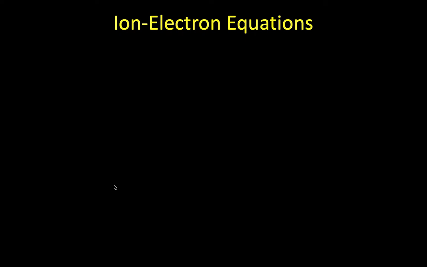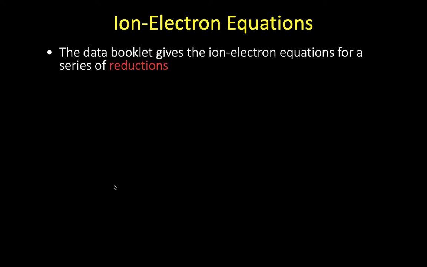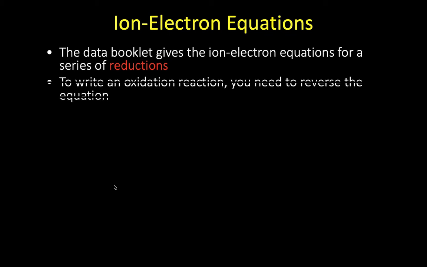Okay, so let's talk some more about ion-electron equations. The data booklet gives you ion-electron equations for a series of reductions. They're accessible to you, you'll have them in assessments and exams. To write an oxidation reaction, you need to reverse the equation. So you're given reductions. If you want to write the oxidation reaction, you have to flip it around.